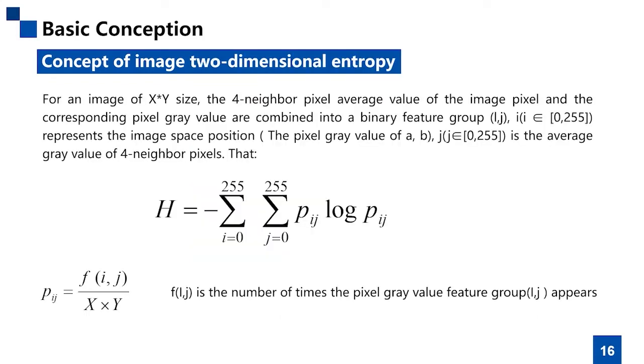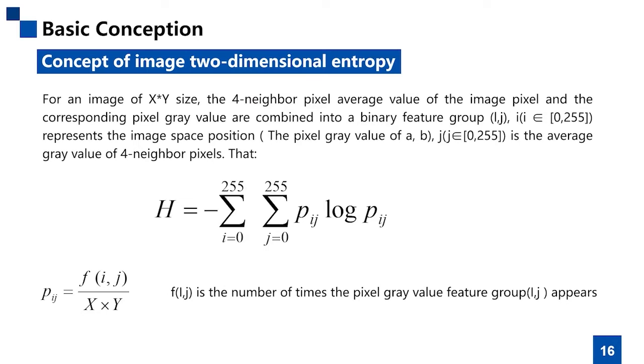Although the one-dimensional entropy of an image reflects the distribution of pixel values in the entire image, images with completely different grayscale histograms can have the same probability distribution and thus the same information entropy, but it cannot reflect how the pixel values are distributed in space in the entire image.